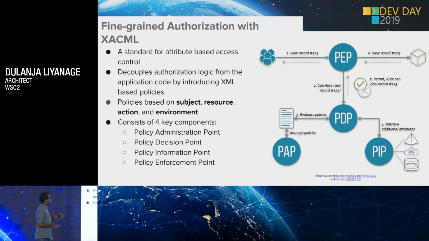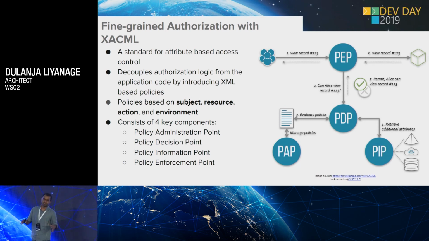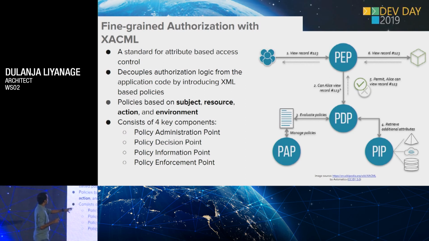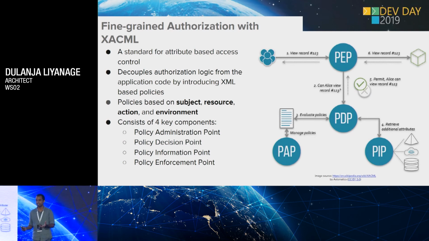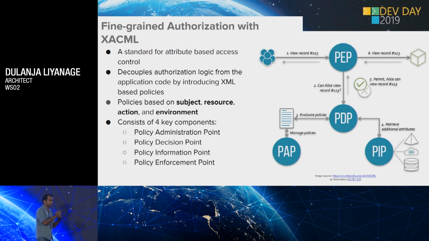XACML is sort of the de facto standard. It's a standard defined out there, but it uses XML to define what we call policies. This decouples the authorization logic from the application code. Earlier, you wrote your own rules, and then you started to use rule engines to get these things done, but still you are coupled with that rule engine, right?